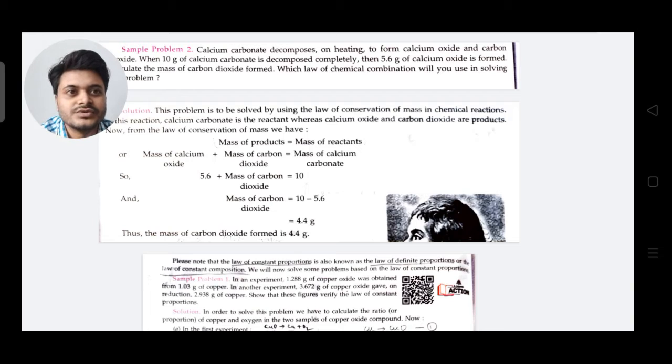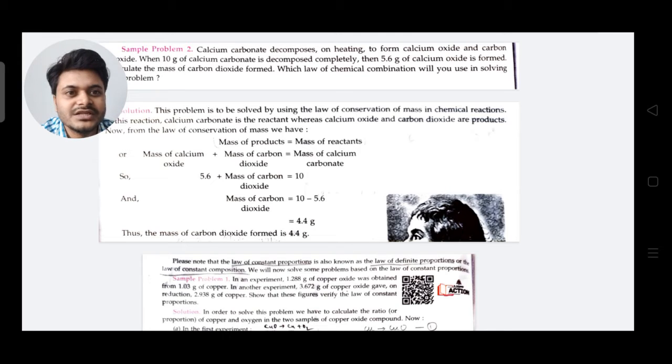According to the given question, the mass of calcium oxide is given as 5.6 gram and we have to find the mass of carbon dioxide. The mass of calcium carbonate is also given, 10 gram. So the mass of carbon dioxide is equal to 10 minus 5.6, that is equal to 4.4 gram. This is the mass of carbon dioxide formed.